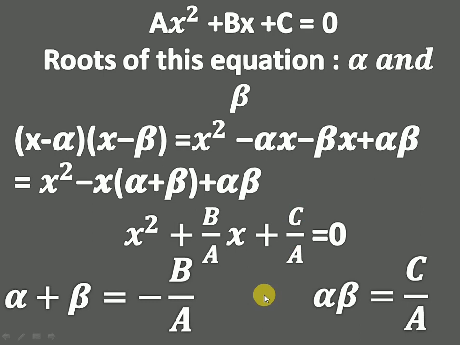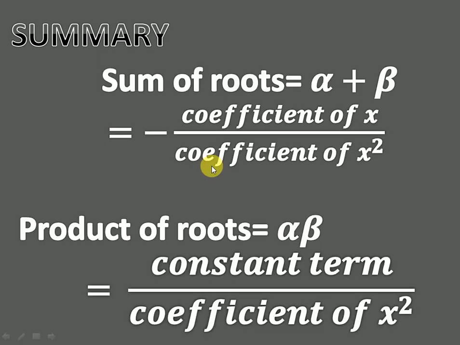Now, let me give you a summary of what is actually important in this derivation of roots. Summary: the sum of roots alpha plus beta is actually the same as the negative of the coefficient of x, which is b, divided by the coefficient of x squared, which is a.